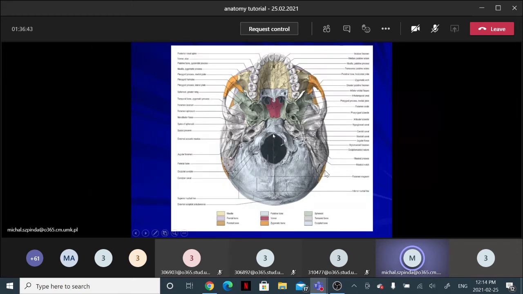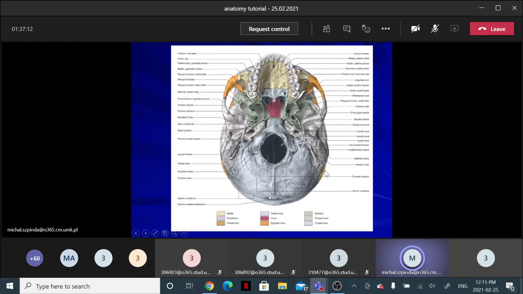The very anterior point of the foramen magnum in the middle is called basion, and the posterior point is called opisthion. Opisthion in Greek, like inion, means posterior.